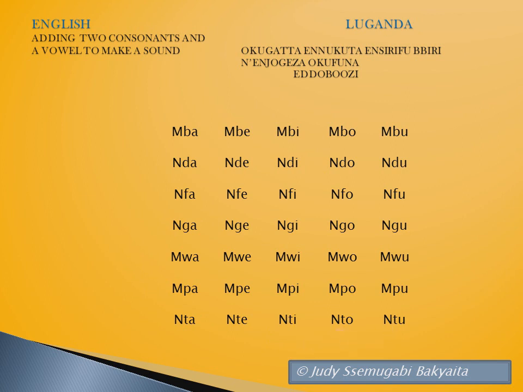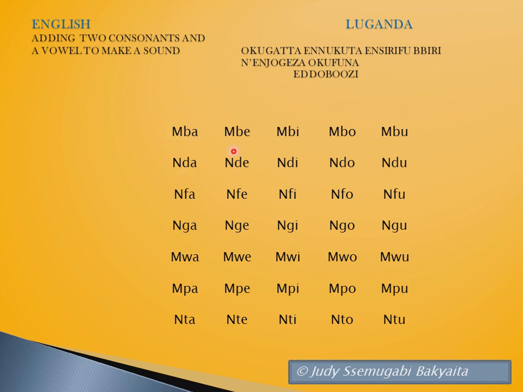ntu. Now you can hear that because we've added M, B, and A, when I'm reading, you hear I say it just to emphasize this first letter.